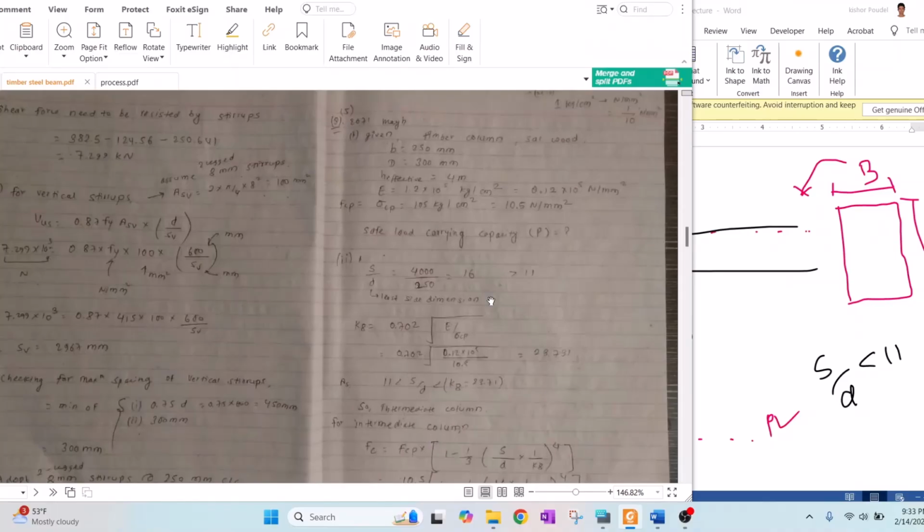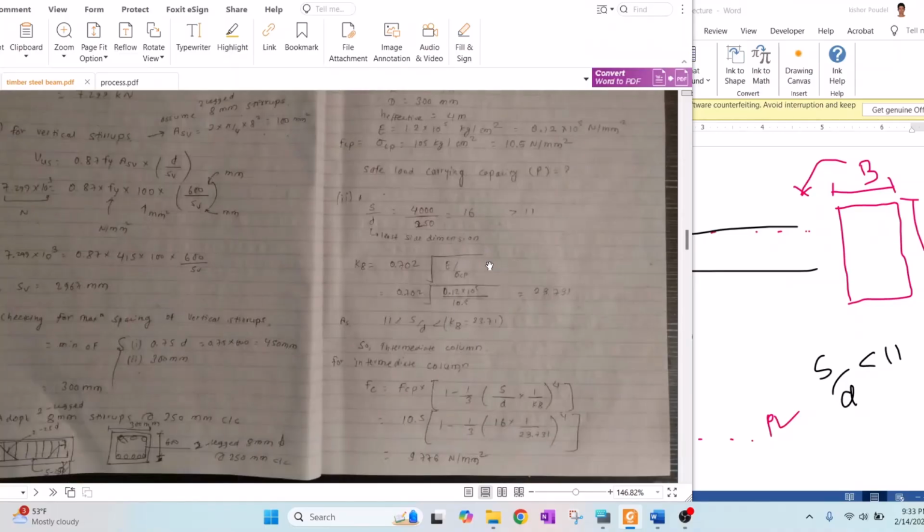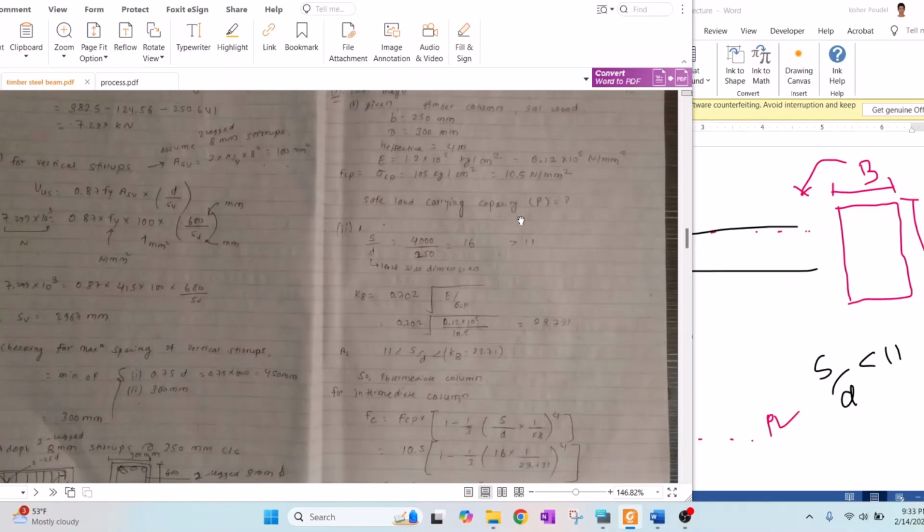Depending upon its category, the actual safe load carrying capacity of that particular member might be different. So you just need to calculate the exact safe load carrying capacity of that column. So we are just going to complete this question.